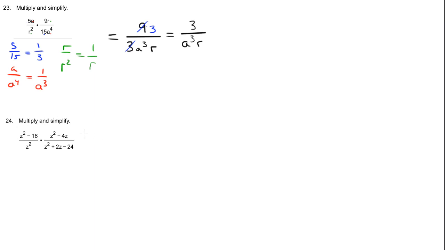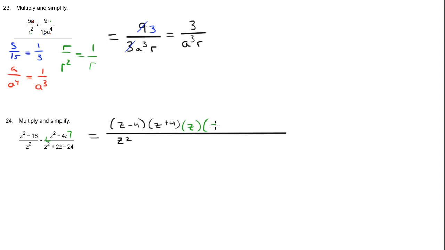Oh my goodness. We've got some factoring to do before we can multiply and simplify. I'm going to factor z squared minus 16 into z minus 4 times z plus 4. The denominator here, we've got a z squared in that denominator. Over here, I'm going to pull out a z, and then we'll be left with z minus 4, okay?